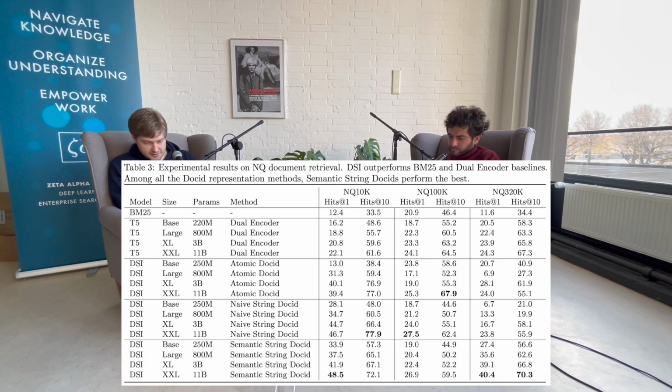The string approach is the best for hits at 10 and hits at 1 on 2 different subsets again, and then the atomic is the best for a single subset. And somehow I'm missing the 6th best here. Oh, sorry, so the string is actually the best 3 times. But the point I want to make is that the best strategy varies depending on the metric you're looking at and the size of the corpus. There's no clear winner, right?